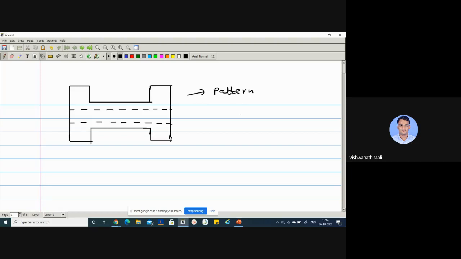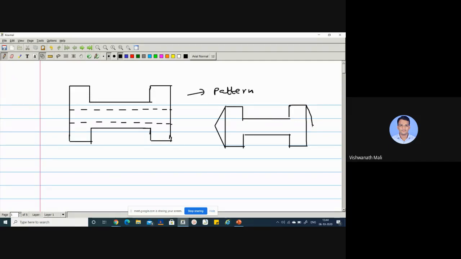Now, once we make the pattern, how will we get the shape of the pattern? The shape of the pattern will look something like this.